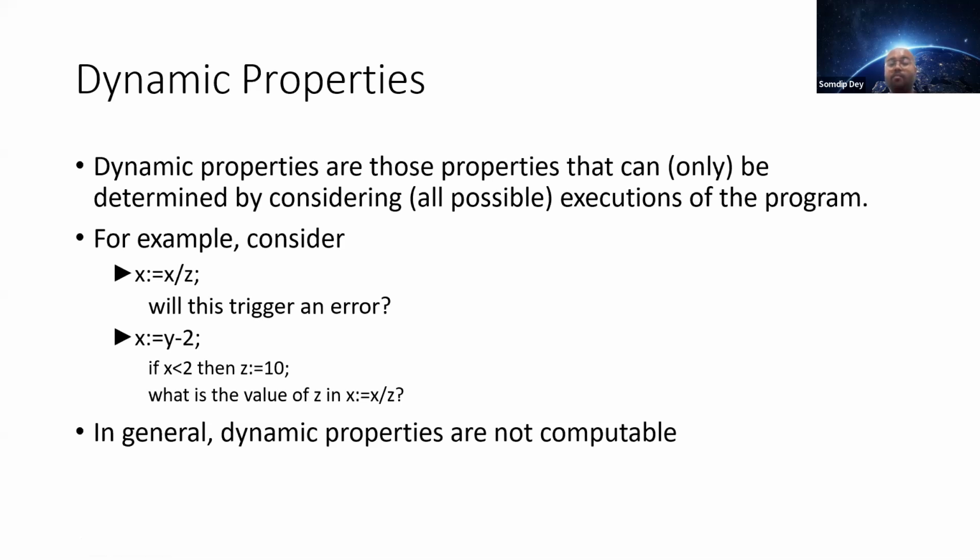Because x divided by 0 is, in the mathematical sense, infinite or undefined, so in the programming sense you will get an error. So as you can see, unless you know the value of z, you cannot determine the type of x or the value of x itself. So in this sense, it is a dynamic property.